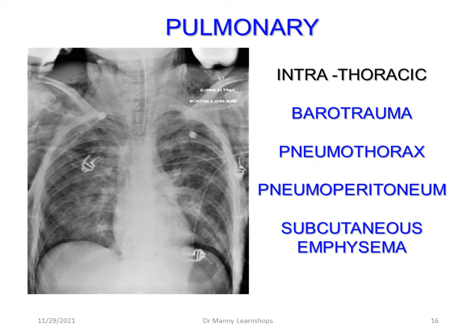Then you've got potential pulmonary complications such as intrathoracic, which could relate to barotrauma such as pneumothorax, pneumoperitoneum, subcutaneous emphysema, pneumopericardium. The list goes on.